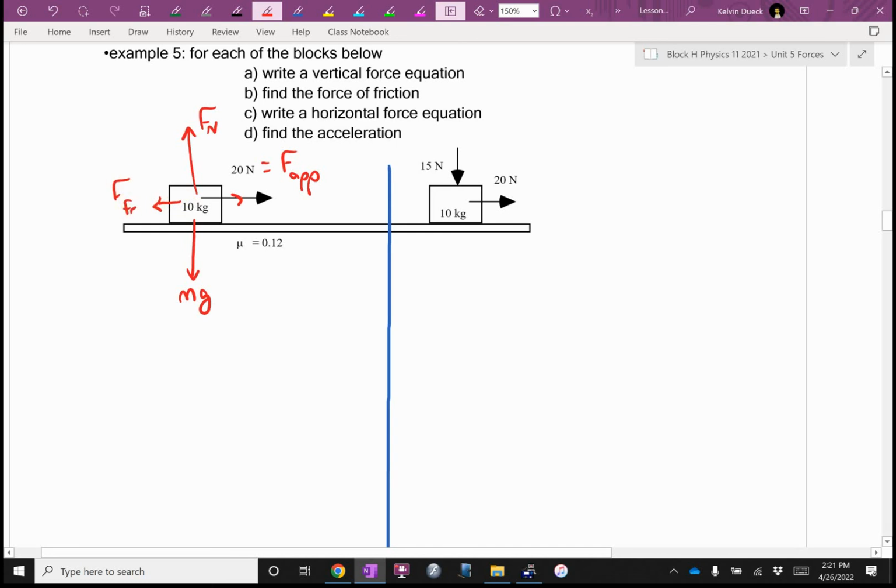Good. Let's do the right-hand diagram. What are the forces acting on it? Get the obvious one. What else? Go systematically. Go in the same order. Is the normal force bigger, smaller, or the same size as mg here? Give you a hint. Not the same size because I see an extra vertical force.